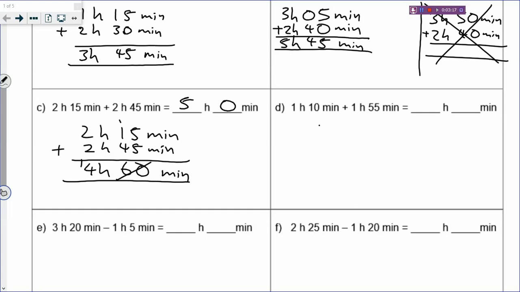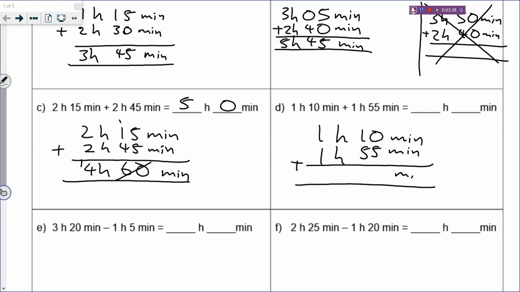Another example, you have 1 hour 10 minutes plus 1 hour and 55 minutes, and this is your normal adding. You add the minutes, you get 65 minutes and 2 hours. So your answer cannot be 2 hours 65 minutes. As long as your minutes are 60 and above, you need to convert, or take out hours.